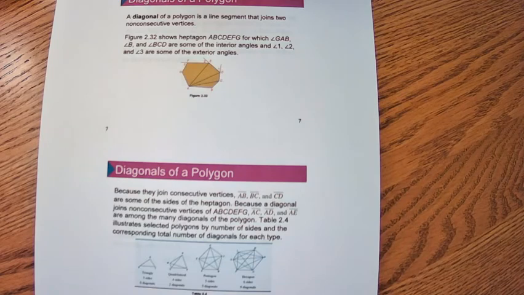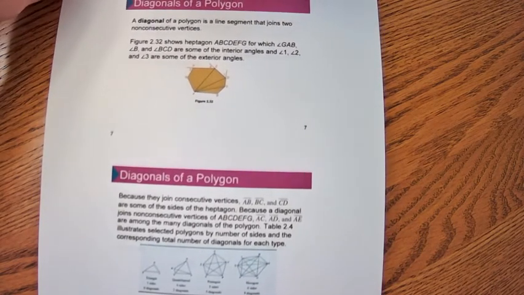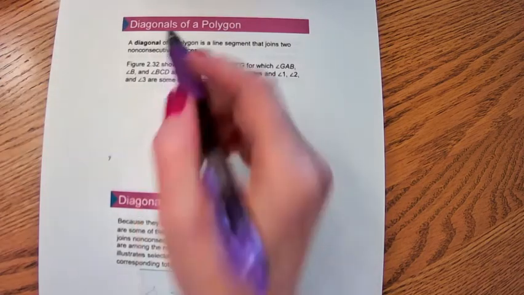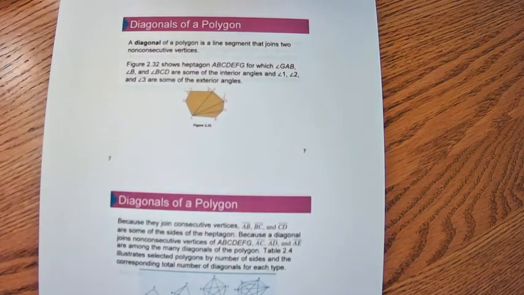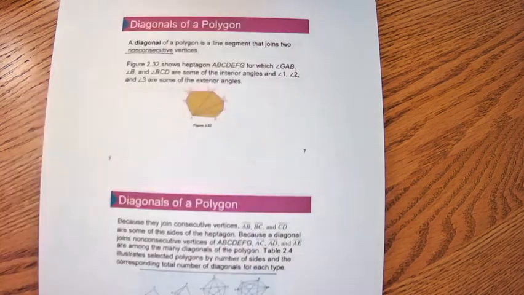All right, so let's talk specifically about our convex polygons of 3 or more sides. One segment that a polygon will have is called a diagonal. And a diagonal is a line segment that joins 2 non-consecutive, that means not in order, vertices. That's considered a diagonal.